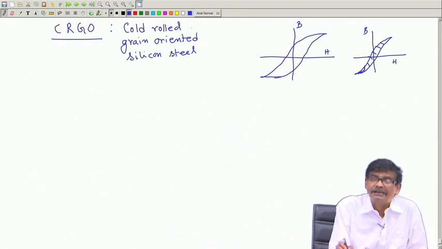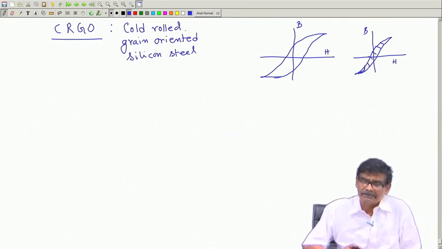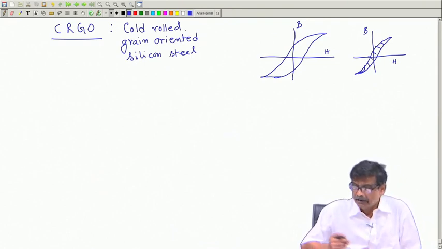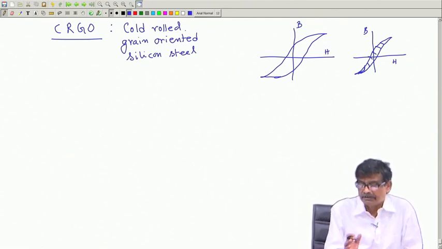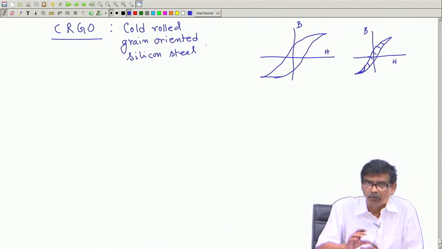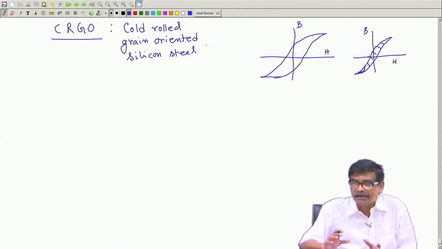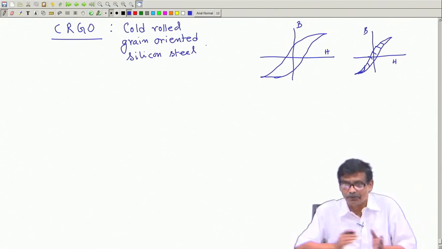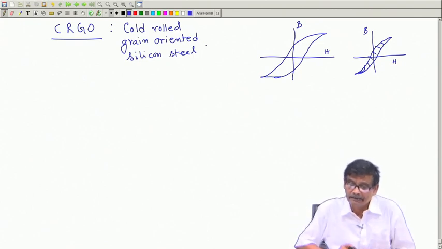This is some metallurgical process, that is, you treat the iron laminations in a particular fashion, so that grain oriented means the tiny magnets are locally in some groups, already oriented by that process when you roll this material.